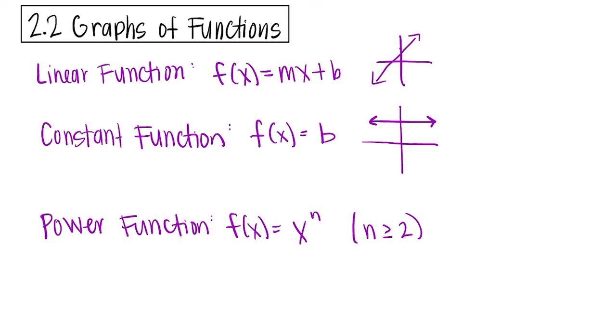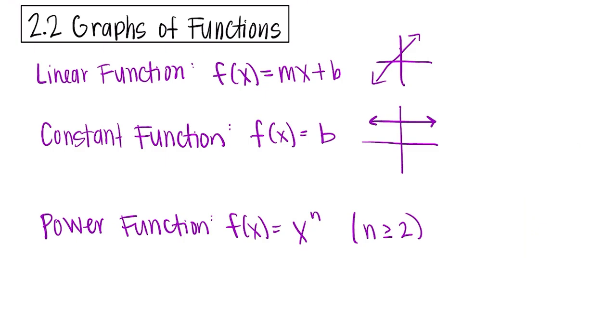And then the graphs of these are going to change depending on what n is equal to. So if it's even, it's going to be like a U shape. If it's odd, then we've got something like that shape.